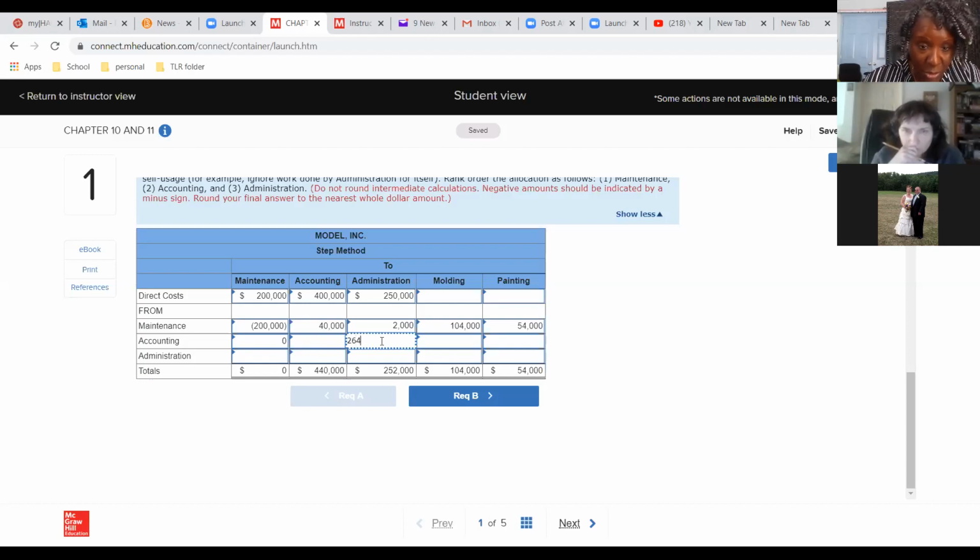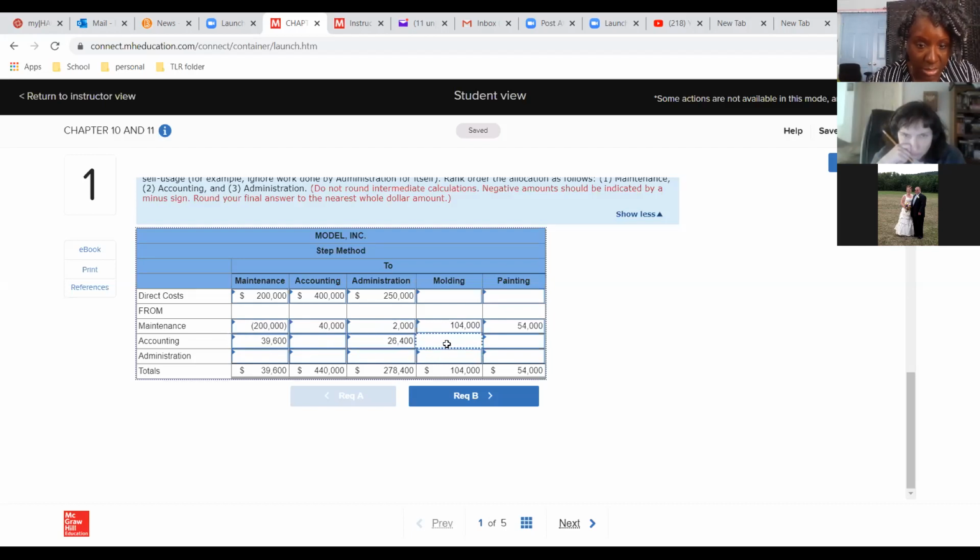I hope I don't have them in the wrong place. You get what I mean? Because we did a lot of ratios here. The molding, actually, I think it's going to be the 39,600, I believe. I will definitely check this, make sure I didn't put in the wrong space.